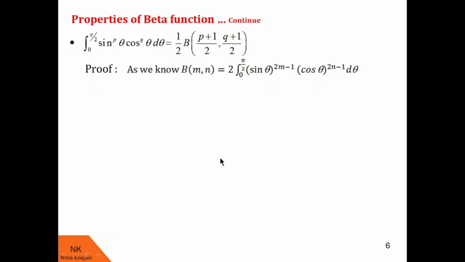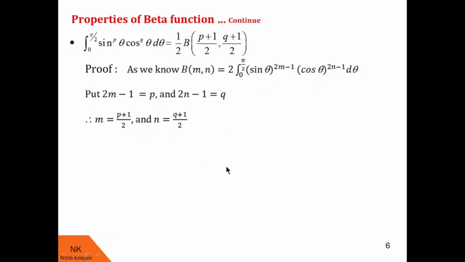In this statement, we will put 2m minus 1 is equal to p and 2n minus 1 is equal to q. Therefore, m will become p plus 1 by 2 and n will become q plus 1 by 2. Now let us substitute values of this m and n on both the sides of this equation.